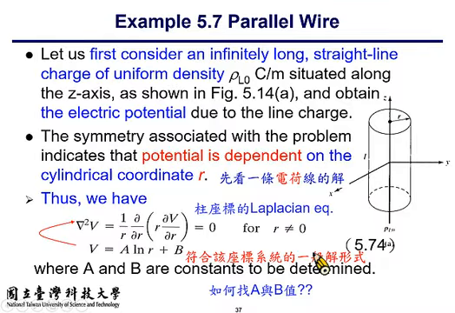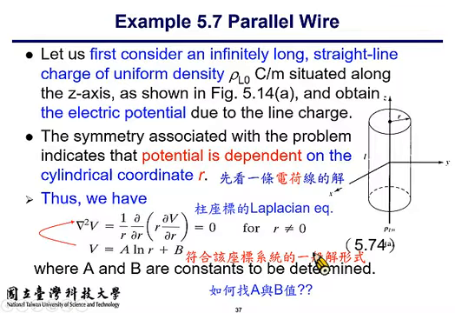Similar to our previous derivation, let's begin with the Laplacian equation for this arrangement. This is the general solution for a one-dimensional second order partial differential equation in cylindrical coordinate system.